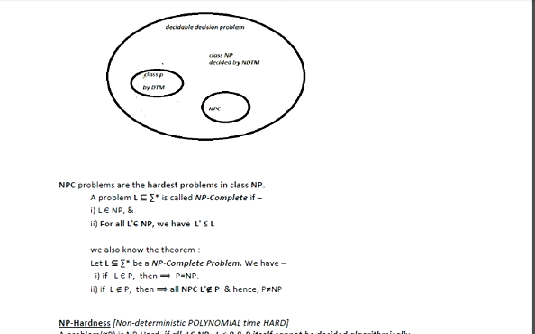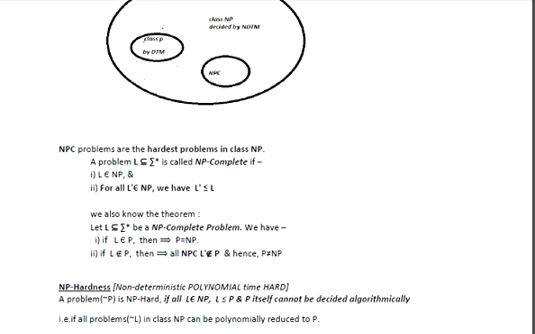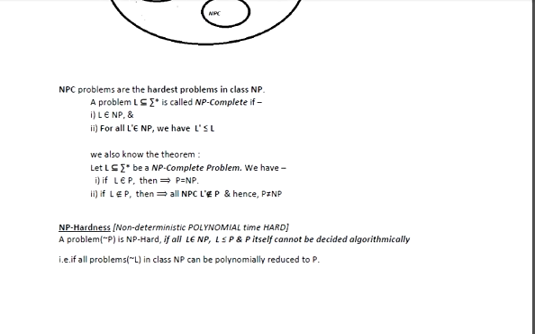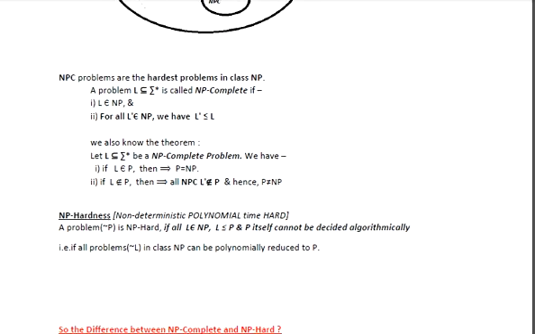We have another definition, called NP hard. This is the most interesting part, and we know that TSP is an NP hard problem. It does not have any algorithm for solving in polynomial time, and if we could solve this kind of problem, there would be no more encryption, all encryption could be decrypted. So let's see what an NP hard problem is.